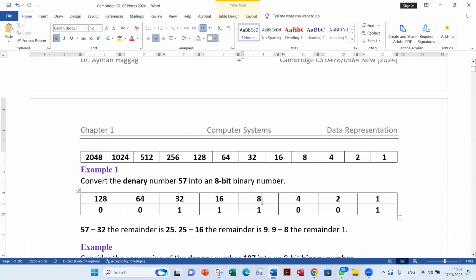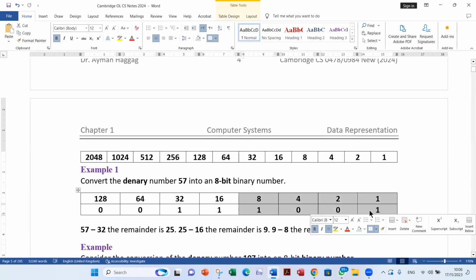You must put 1 under the 8 and subtract. You are left with 1, and you put the 1 here. When I come to the last 4 bits, I can easily recognize the pattern: 9 is 1001 because it's 8 plus 1.